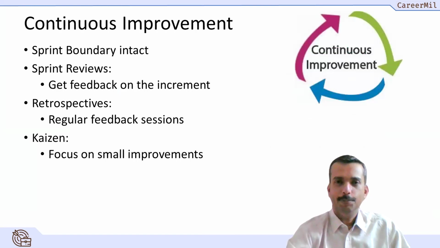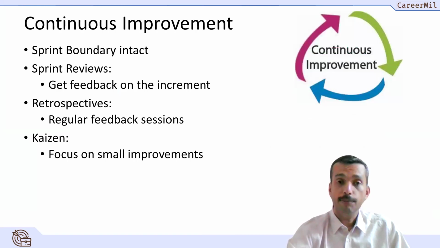And finally, how do you improve? Continuous improvement is very, very important. So that is where we talked about the sprint reviews, where you are able to demonstrate the done work items to your stakeholders and get feedback. And that again goes back into the product backlog.